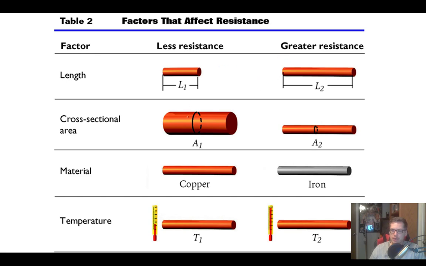The cross-sectional area, now this one's kind of the same idea as your water pipe, right? The bigger around your pipe is, the easier it is for your water to travel through. Same kind of idea for our electrons, or our charges. The bigger around, or the bigger gauge that wire is, the easier it is for our electrons to travel.